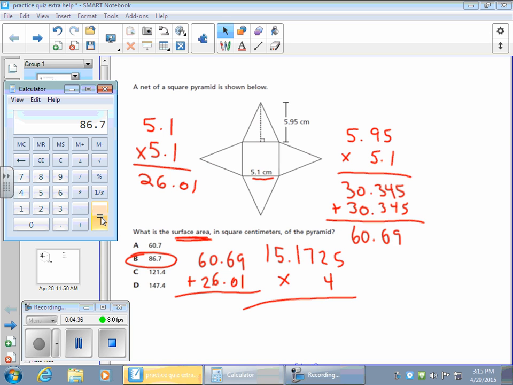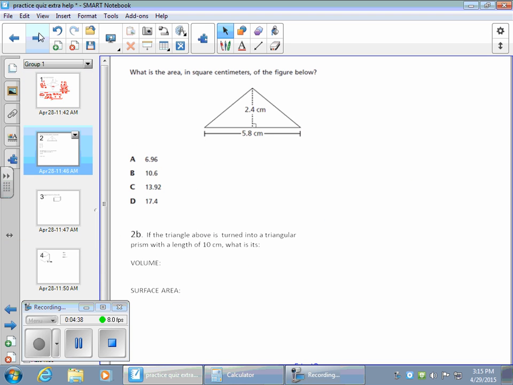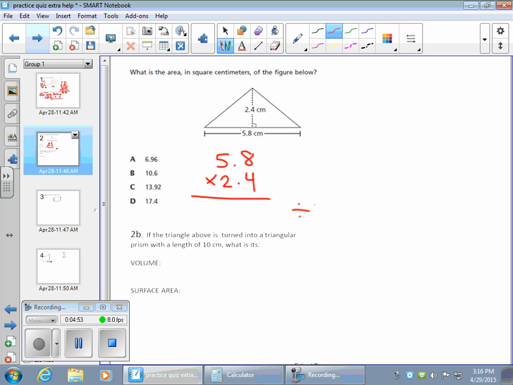All right, next question. What is the area in square centimeters of this figure? This figure is a triangle. Triangle is base times height divided by 2, all right?